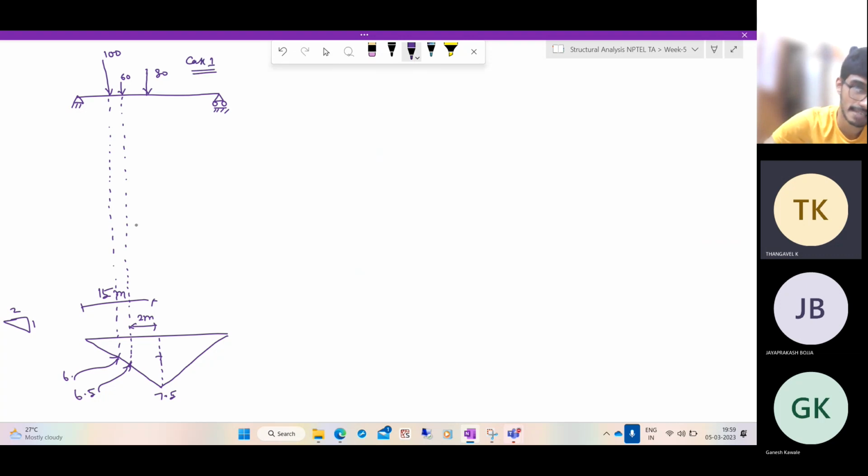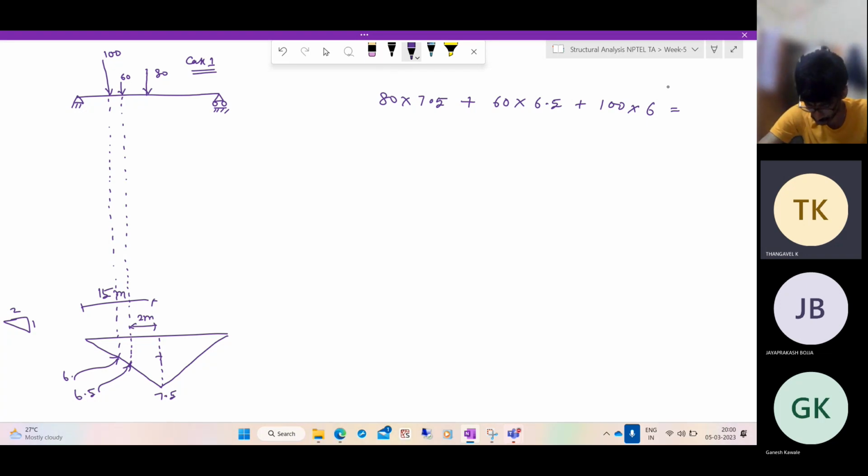In case 1, we get 80 into 7.5 plus 60 into 6.5 plus 100 into 6. So that comes out to be 1590 kilonewton meters.